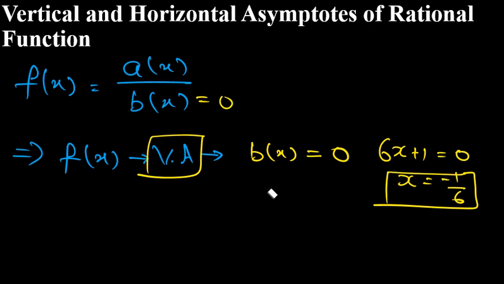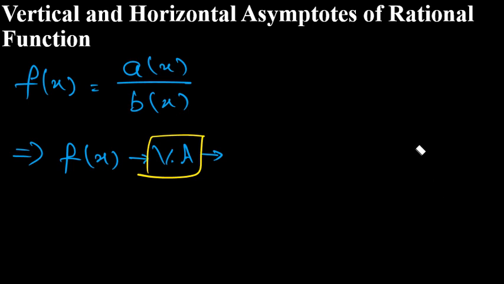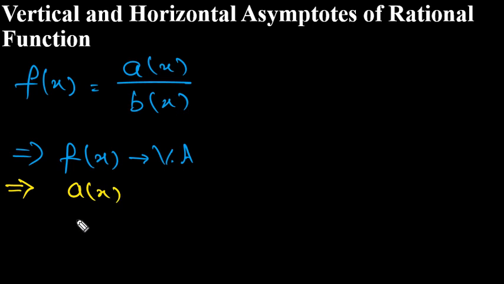Now how will you find the horizontal asymptote? For the horizontal asymptote we have some conditions. The first one: if the degree of a of x, the polynomial here, is greater than the degree of b of x.